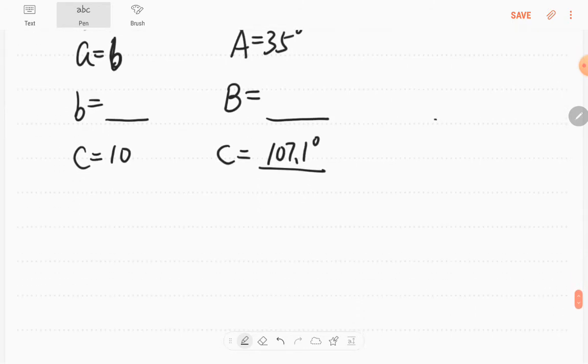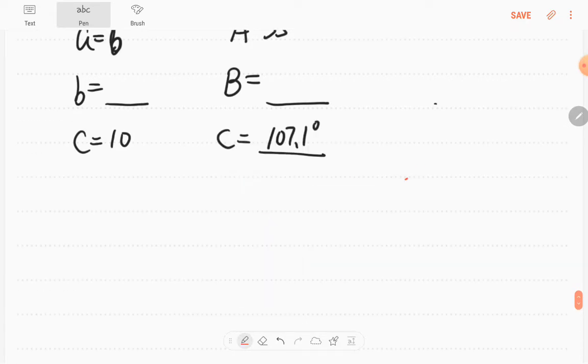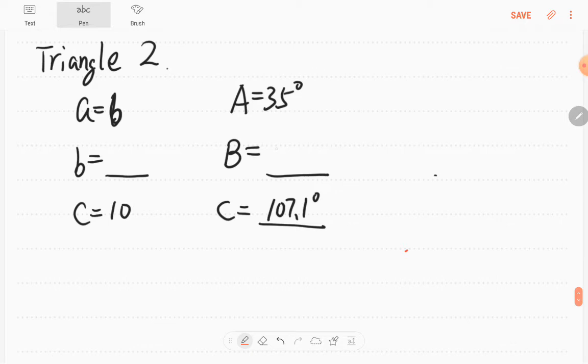So now we can calculate angle B. Because the sum of three angles should be equal to 180, it's 180 degrees minus 35 degrees minus 107.1 degrees, which is equal to 37.9 degrees. Okay, then we have everything.